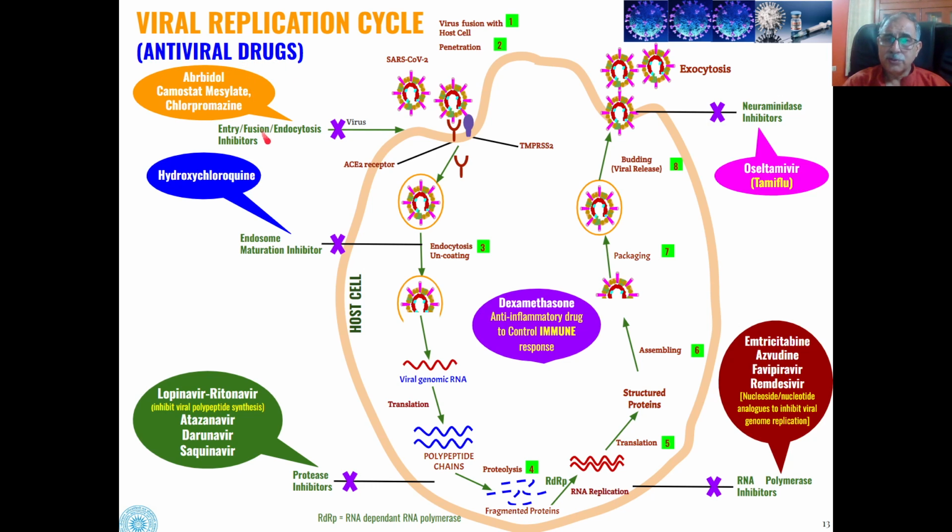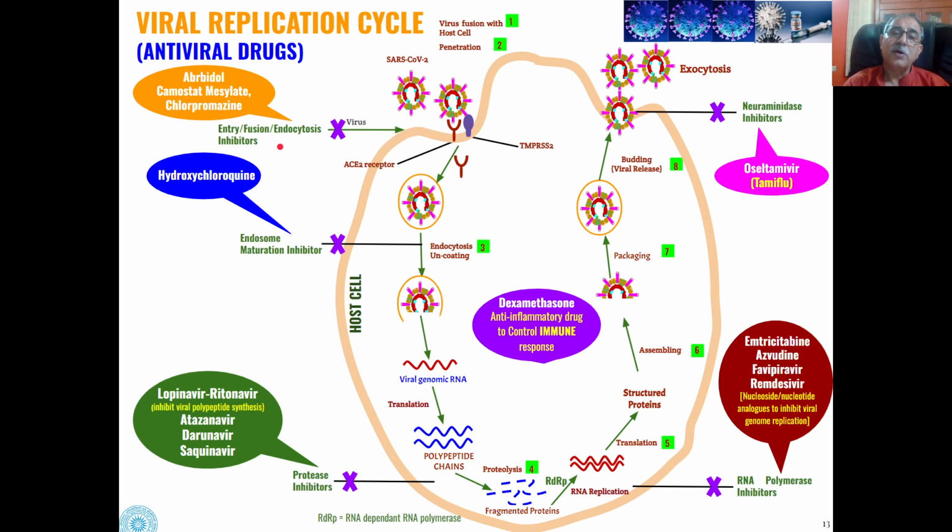So, most common antiviral drugs were used for each of the steps where changes in the virus are taking place, either before the entry into the cell or after the entry into the cell, when different steps are taking place. So the first step, as we know, is the entry of the virus and then fusion of this virus with the human cell.